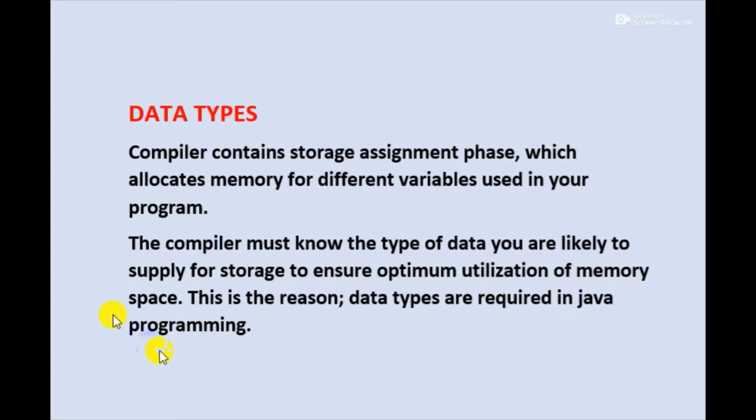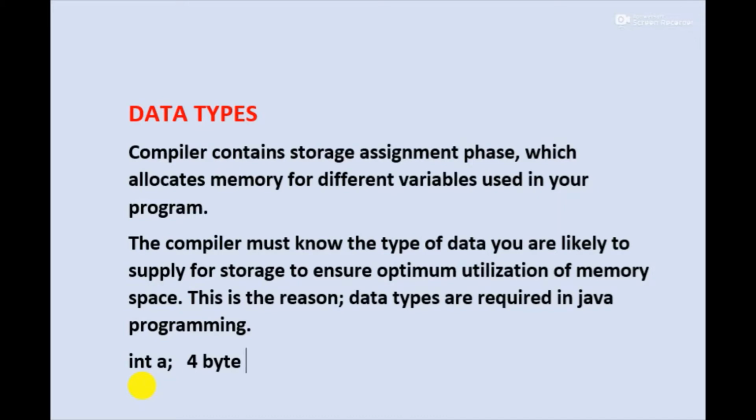Suppose that I am declaring a variable a. Here a is the variable name and int is the data type. So now the compiler will allocate 4 bytes of memory size for this variable a. Why is the compiler allocating 4 bytes of memory space?